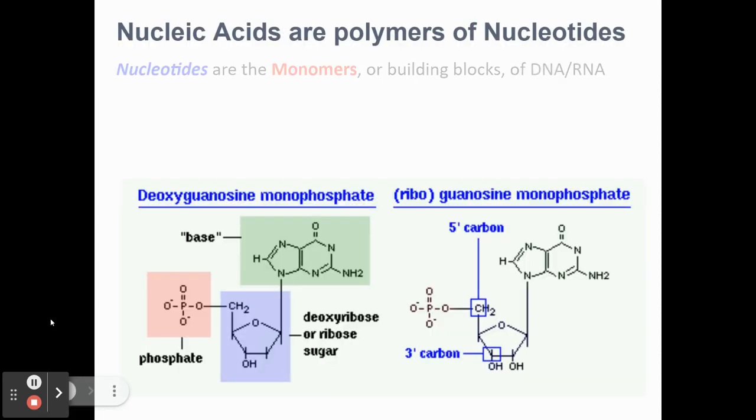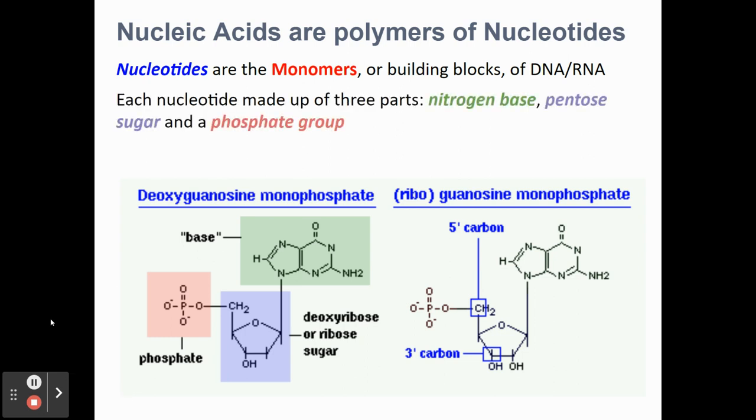So nucleic acids, just like other polymers, are polymers. They are immense polymers. The monomers that make up the nucleic acids are nucleotides. Those are the building blocks of both DNA and RNA. Each nucleotide is also somewhat of a little tiny polymer because it is made up of 3 basic parts.